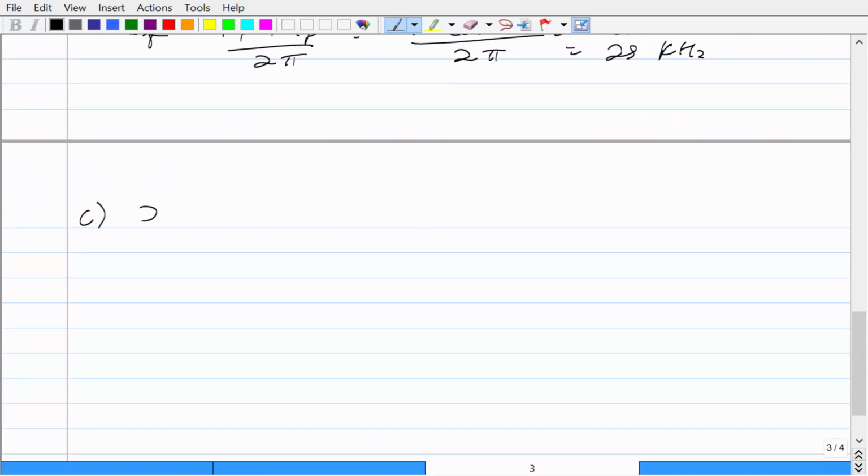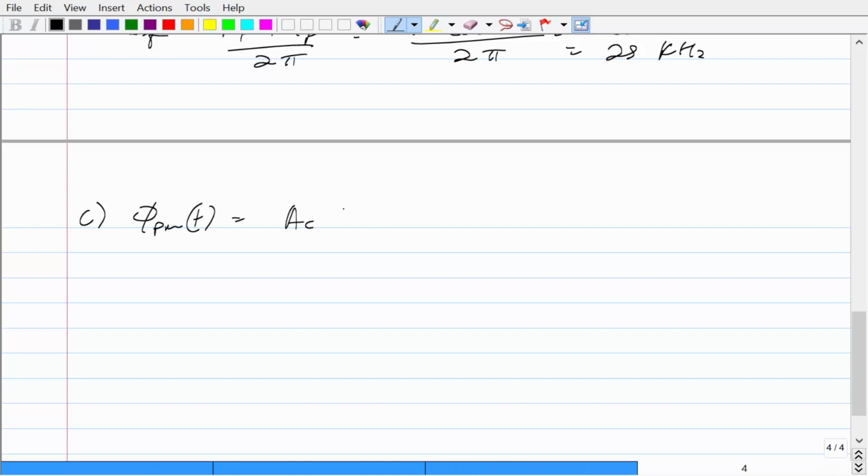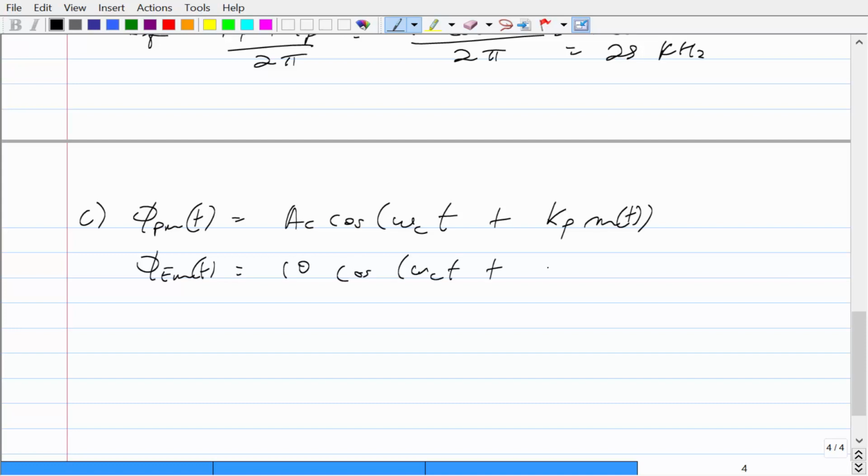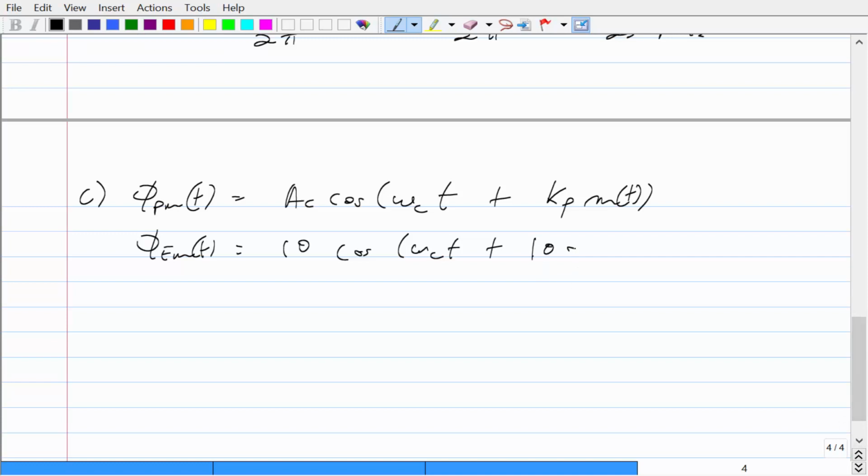Okay. So if you remember the phase modulated signal, it's simply the original message. So the message signal is by itself. There's no integral or anything. Okay. So if we compare apples with apples, assuming that this signal has been phase modulated, this is not KP, but this is 10 sine 1,000 pi t plus 20 sine 2,000 pi t.